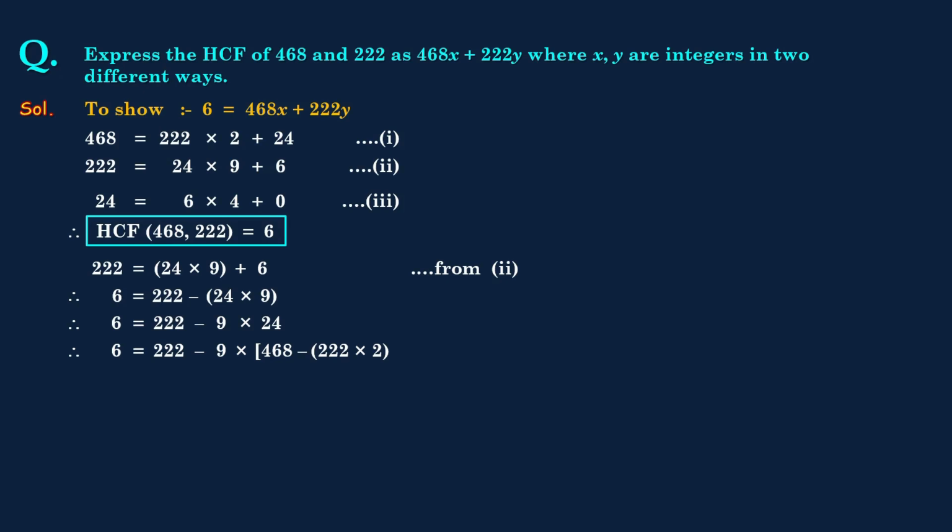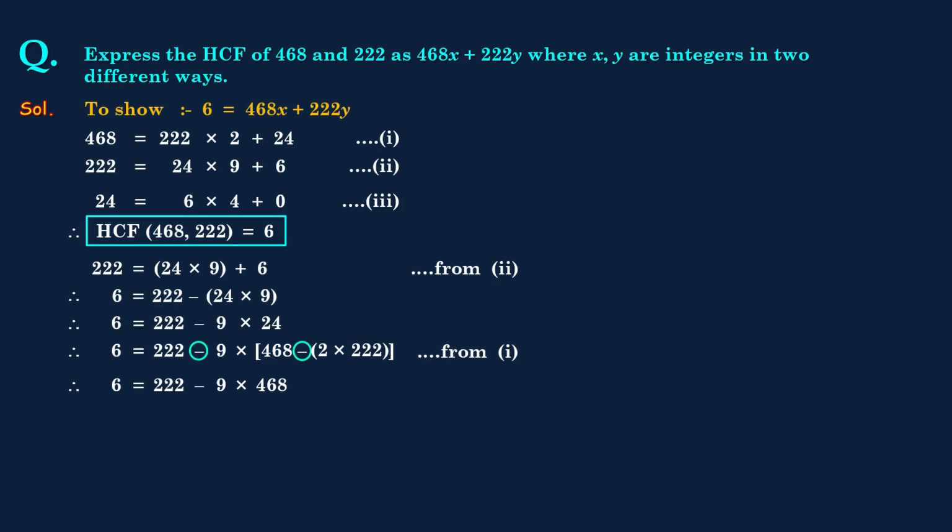so 24 can be represented as 468 minus 222 into 2. If we just check the equation 1, from there we can represent it as 468 minus 222 into 2, right? So now put that: 6 equal to 222 minus 9 into 468.